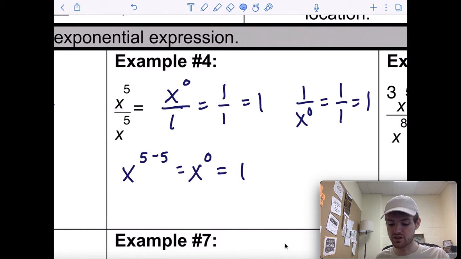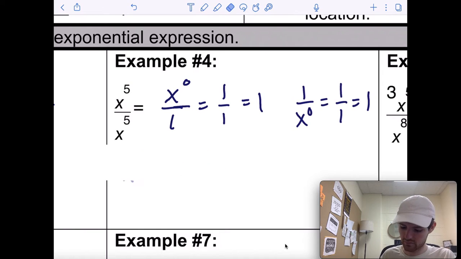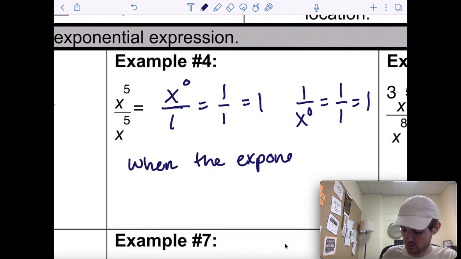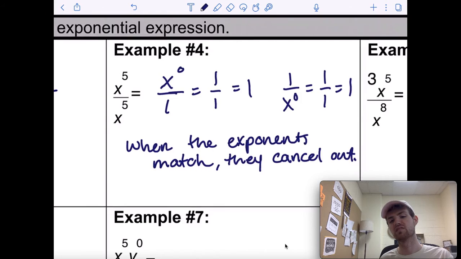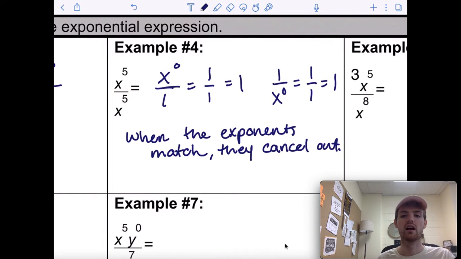The moral of the story: when the exponents match, they cancel out. I'm just writing this because it's an important sentence spoken out. Because we have x to the 5th, x to the 5th, they're the same thing. They'll end up just canceling out to be 1.